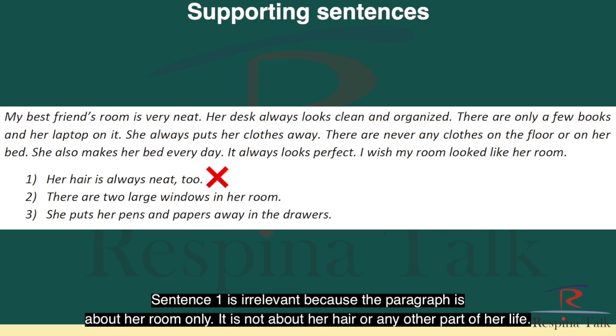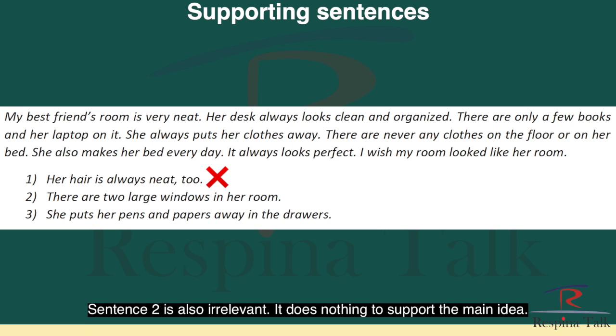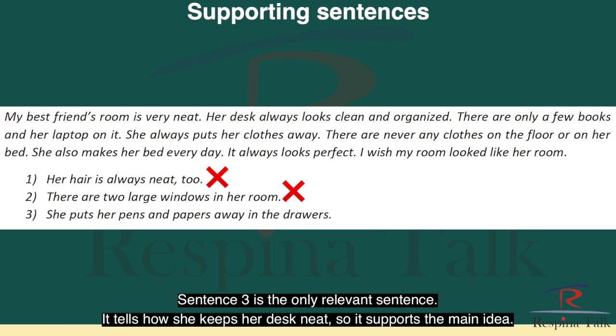It's not about her hair or any other part of her life. Sentence 2 is also irrelevant. It does nothing to support the main idea. Now, sentence 3 is the only relevant sentence. It tells how she keeps her desk neat, so it supports the main idea.